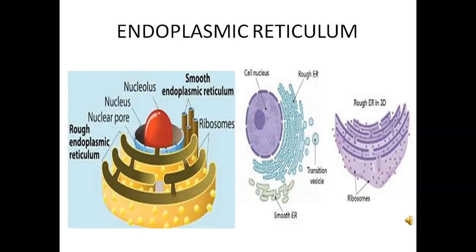And smooth endoplasmic reticulum is a network of tubular sacs without ribosomes on the membrane. They play a role in the synthesis of lipids and steroids and also transport them within the cell. So endoplasmic reticulum has two types, rough and smooth.